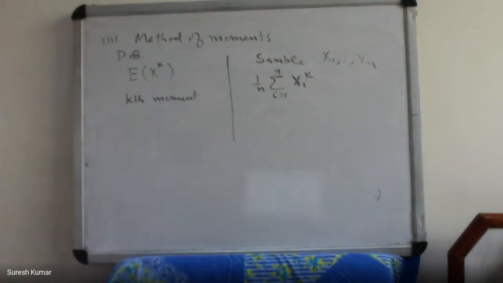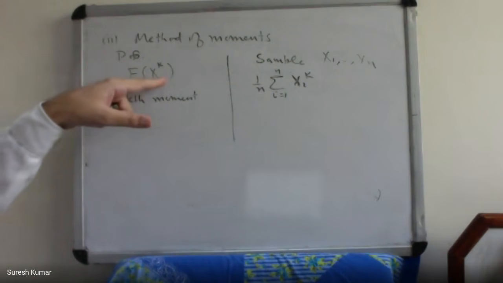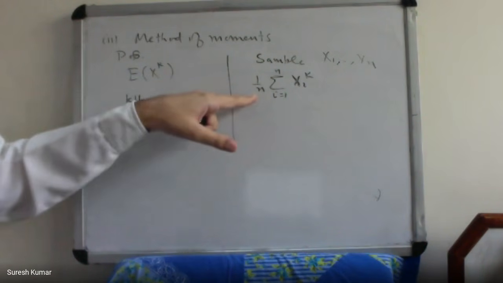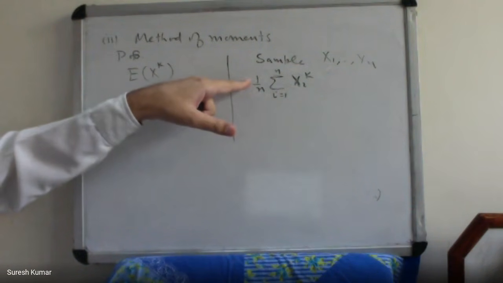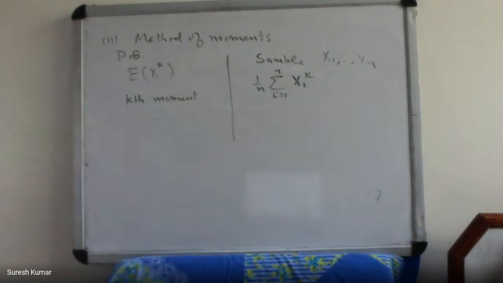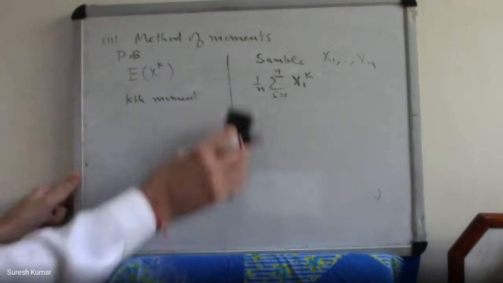The kth moment of the population random variable is E x power k, expectation of x power k, and the kth moment of the sample x1 to xn is 1 over n summation i varying from 1 to n xi power k. Okay, so to estimate the population parameters, we equate the two moments. Let's see an example.